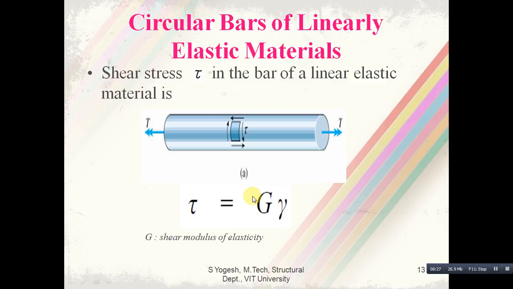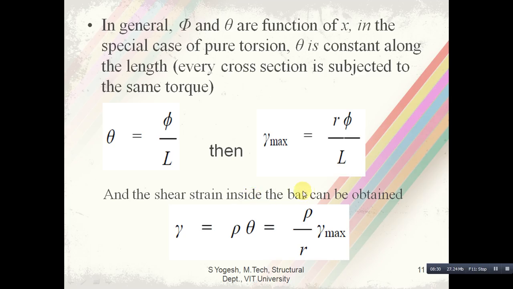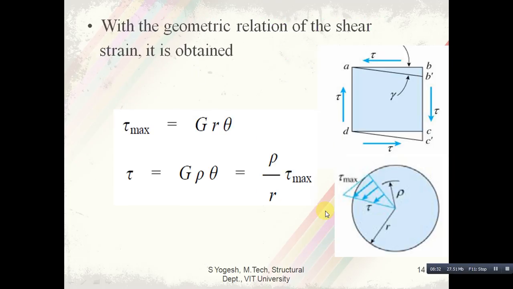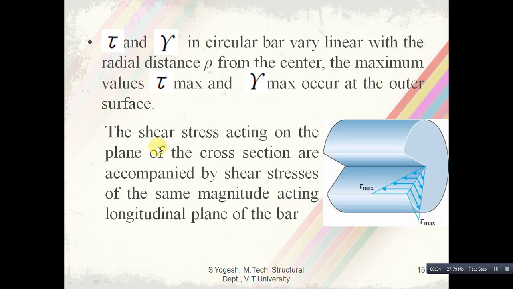This relation comes from this, right? Then tau and gamma in a circular bar vary linearly with the radial distance rho from the center. The maximum values, tau max and gamma max, occur at the outer surface.